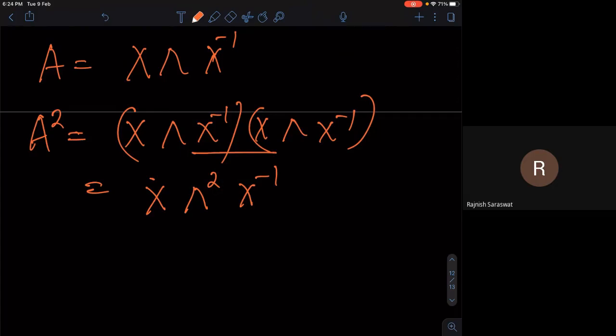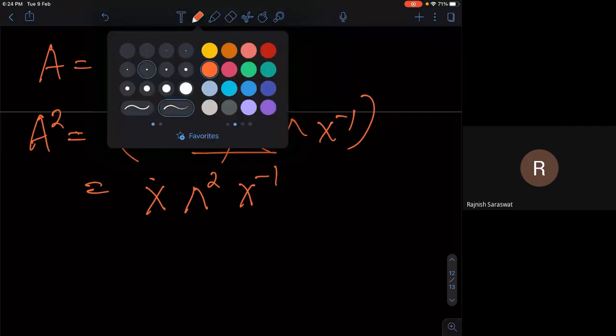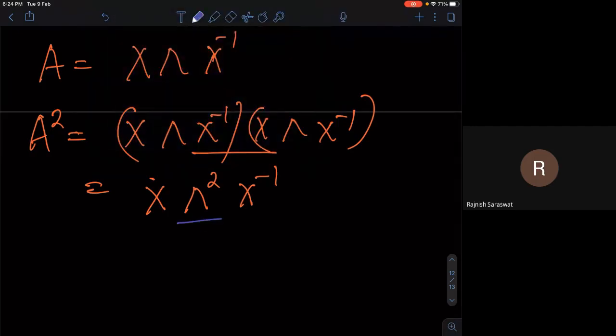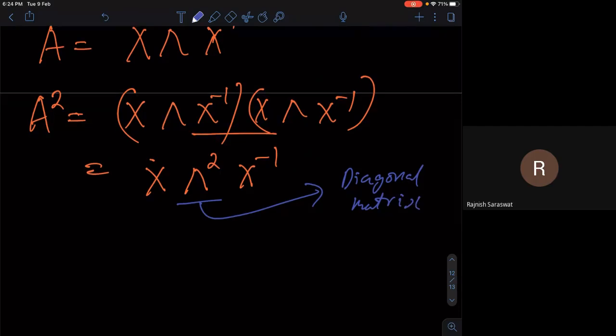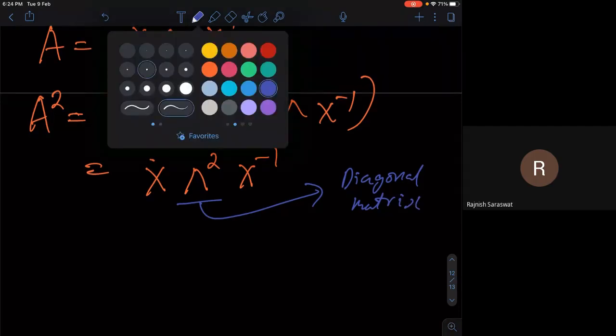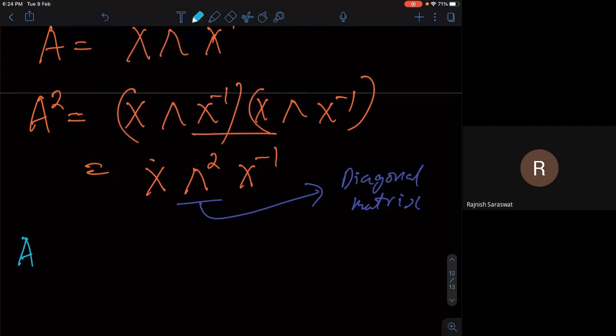What is gamma square? Gamma square is also a diagonal matrix, since a diagonal matrix times a diagonal matrix is a diagonal matrix. And if we go ahead, what is A raised to 100?